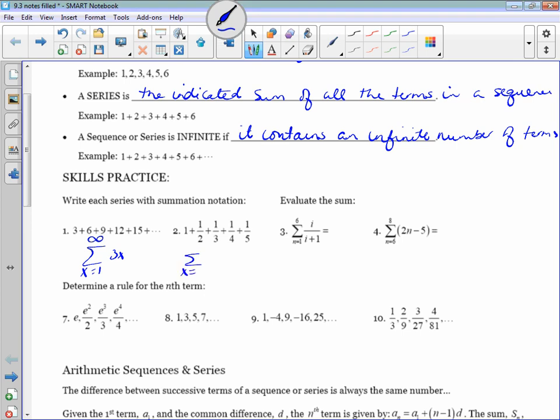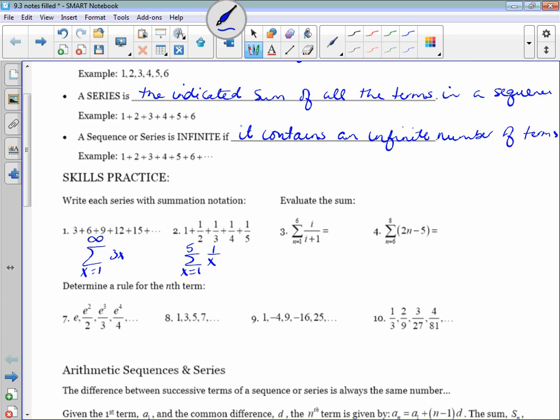I'm going to start with x equals 1. What am I going to go up to this time? 5. How do we know that? It has 5 terms, yeah, so 1 through 5, okay. And then what is my formula or my rule going to be? Nope, 1 over x. Easy? Okay.